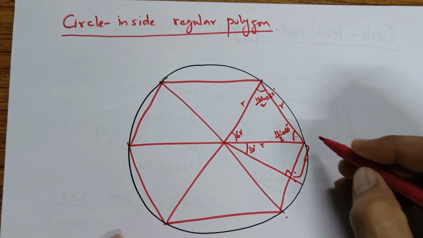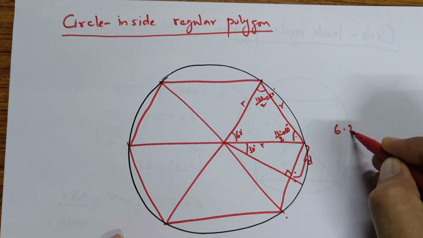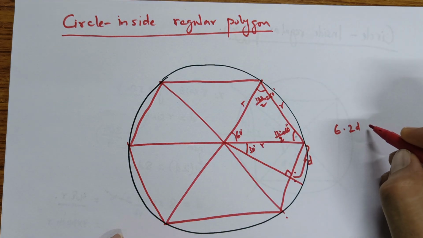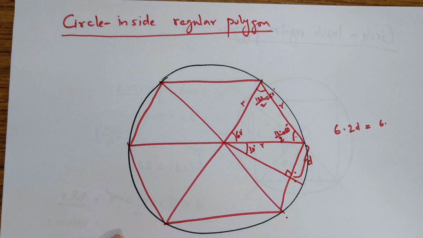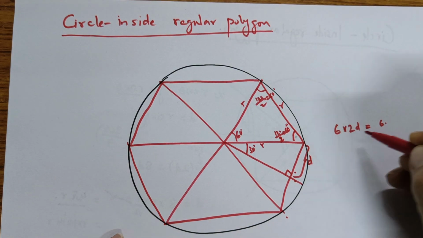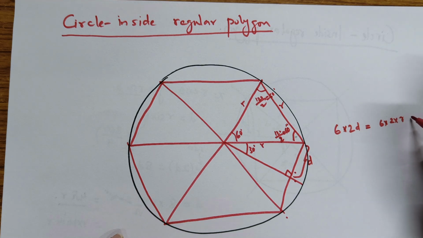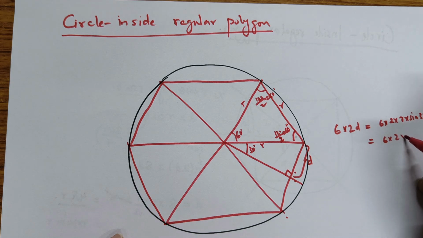And I have 6 sides, so 6 sides into 2 times d, this was d, right? That is the perimeter. So 6 times 2 times r into sine theta, so sine of 30 degrees. Now we know sine of 30 degrees is 1 by 2. So 6 times 2 times r by 2, or 6r, which is correct.